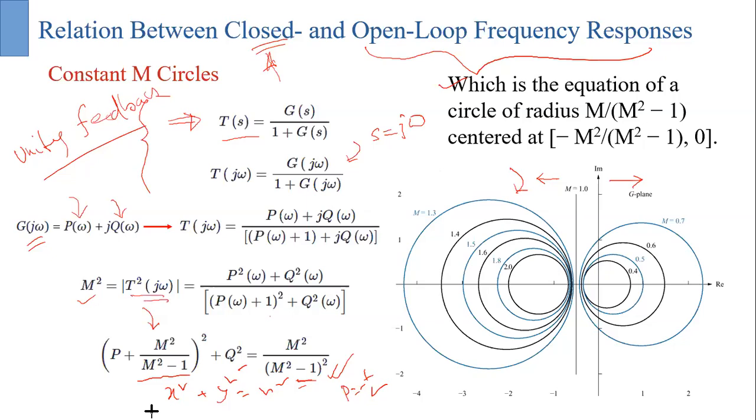Similarly, we are going to see there is also a phase circle. Those are known as N circles. So if we have the open loop transfer function, the open loop frequency response, and we have this kind of curves, circles, then you'll be able to figure out the closed loop response.